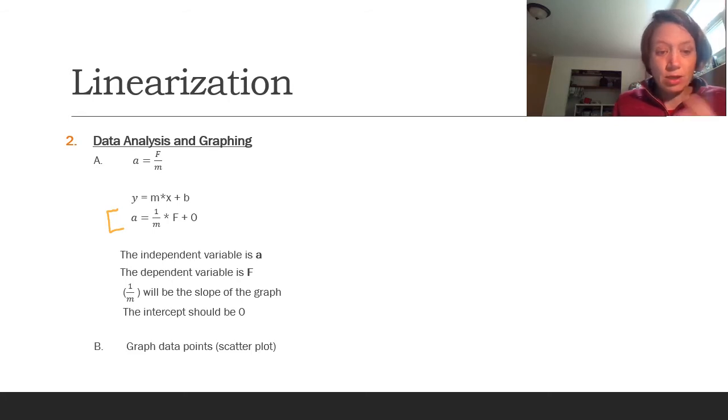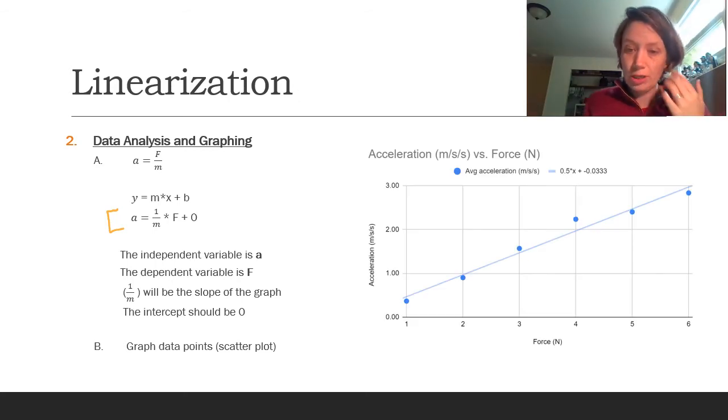So the next step is to go ahead and create your graph, and you can do that by hand or you can do it with Google Sheets. I did this with Google Sheets, and you'll see when I graphed acceleration on the y-axis and force on the x-axis, my data lined up in a nice linear graph.